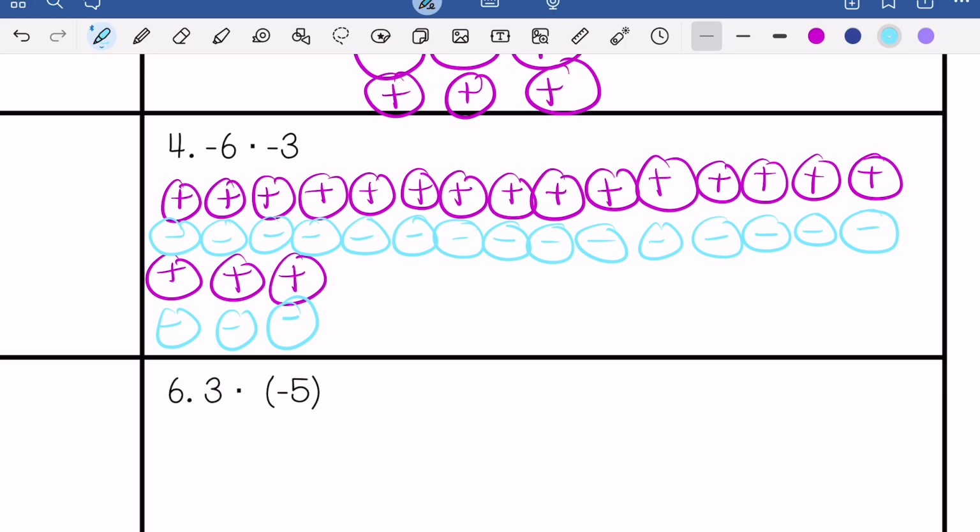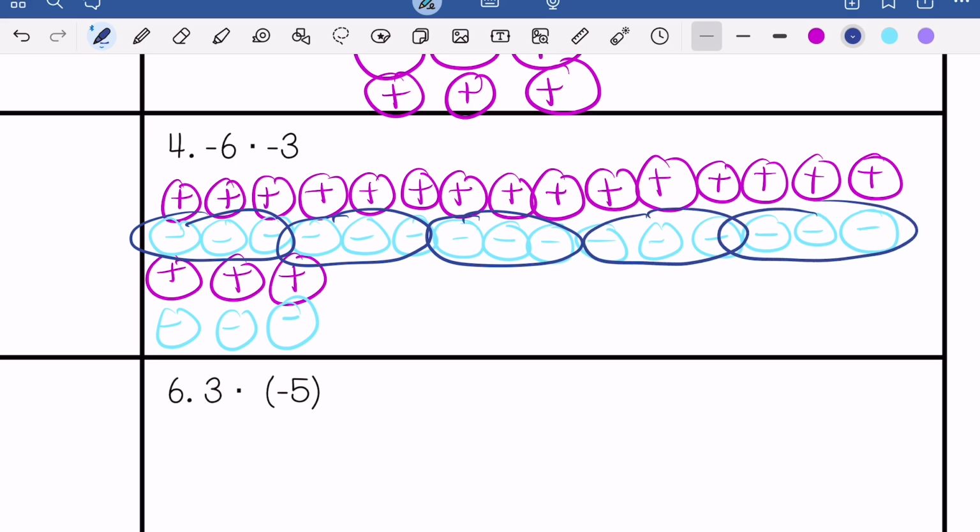All right, so I read this expression as take away six groups of -3. So one group, two, three, four, five, six. What do I have left? I have 18 positives left.